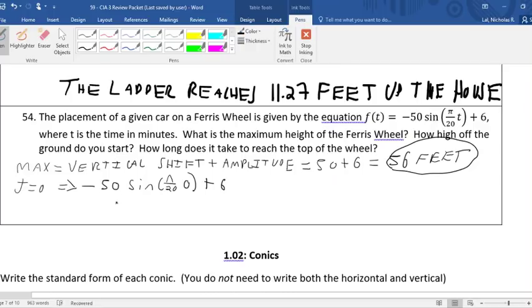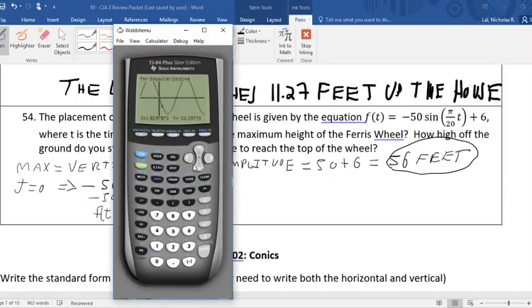The sine of 0 is 0. So 0 times negative 50 is still 0. This means f of t equals 6. Let's prove it in our calculator.